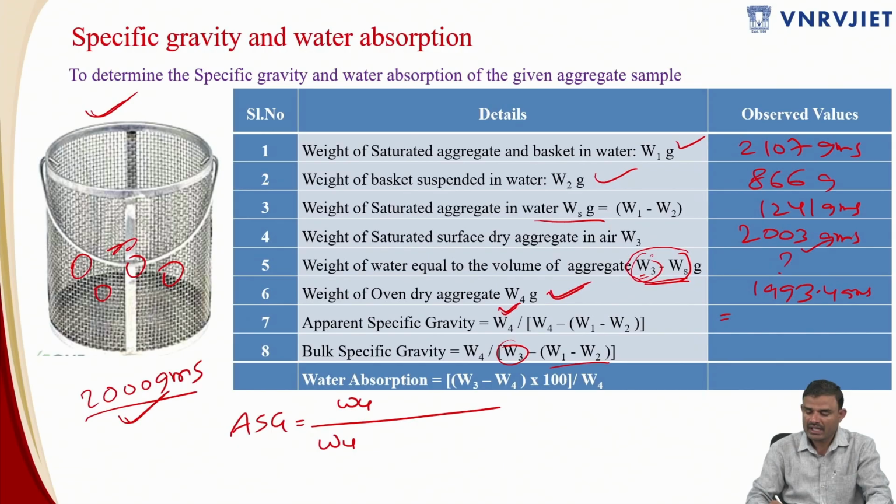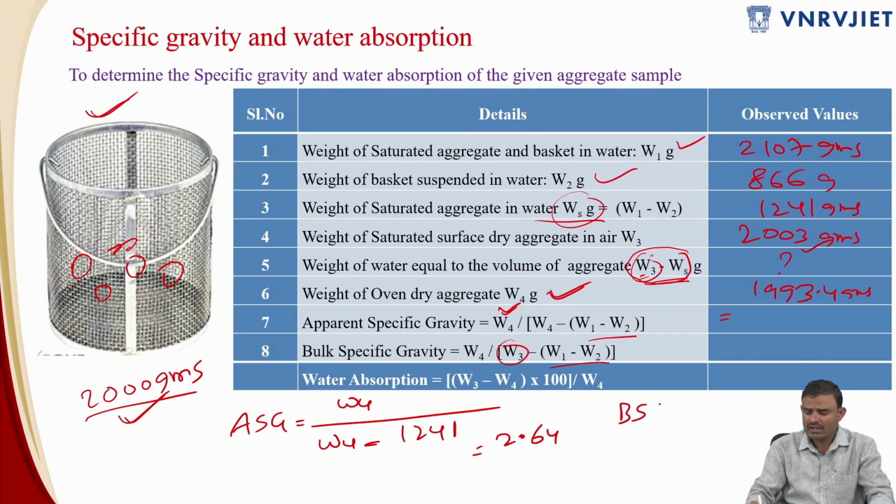That can be captured only in terms of this condition, W4. So I am writing the weight in air in the denominator also as W4, minus W1 minus W2, which is the weight of the saturated weight, that is 1241 grams. Therefore I have arrived at the value of 2.64 for the apparent specific gravity of the aggregate.